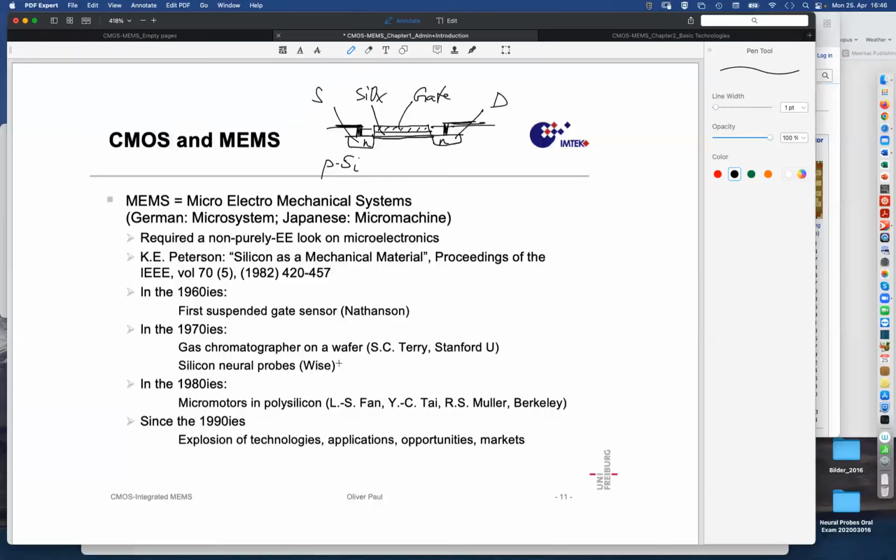And then Ken Wise, who was also, I think, at Stanford University initially, then at the University of Michigan, Ann Arbor, produced so-called silicon probes by using diffusion technologies and metallization technologies and micromachining technologies, making very fine needles to use in neural probes.